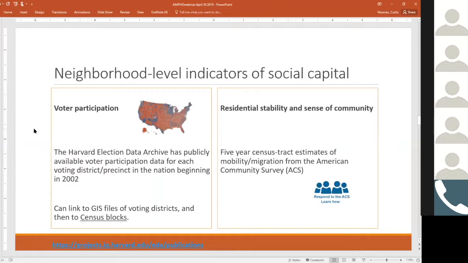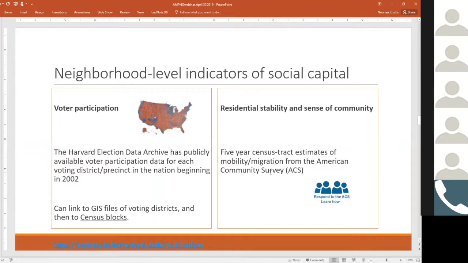So you're not going to have health outcome data at the precinct level, but you might have it at the census block level or the county level. So being able to integrate these different data sources and deal with the different polygons that the data are included in can be challenging and time consuming. So I don't want to ignore the problems with some of these data.